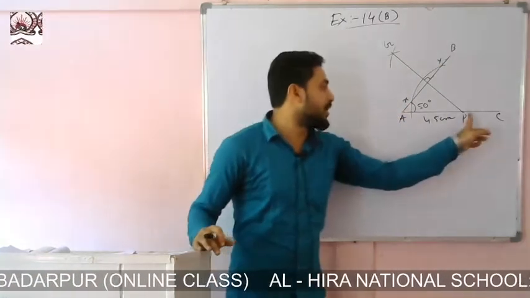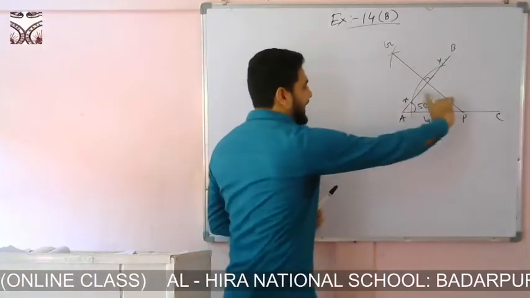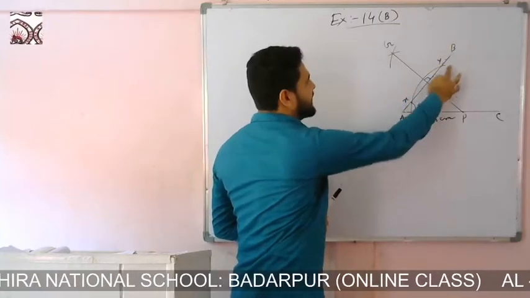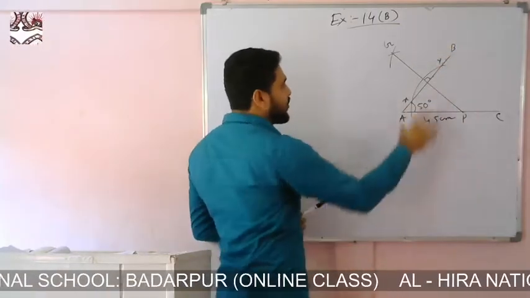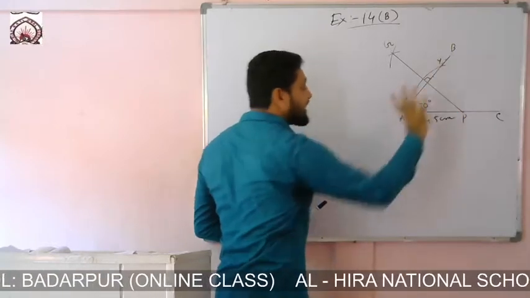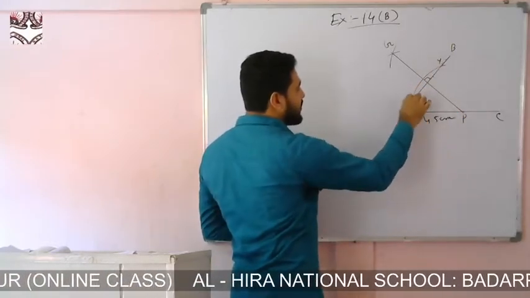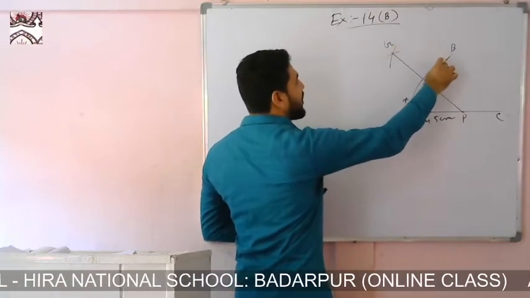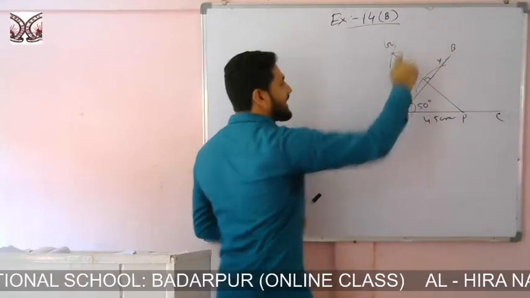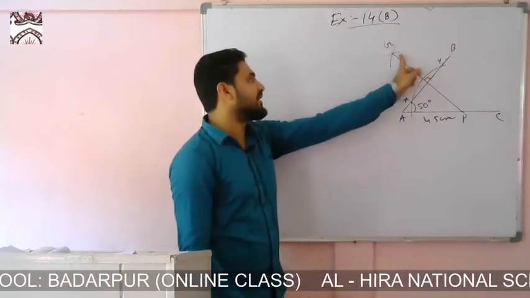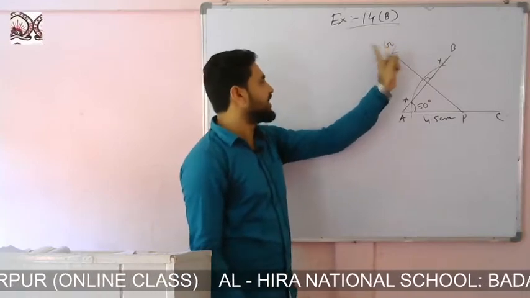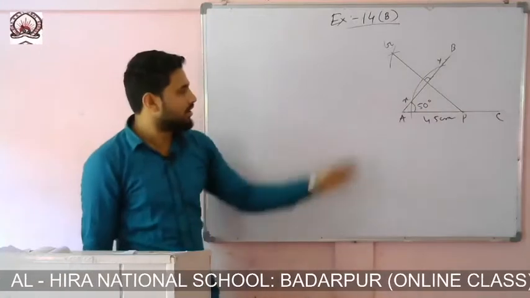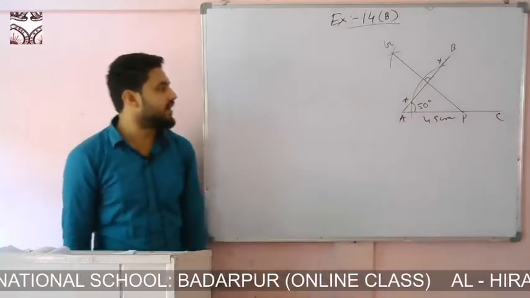After that from point P you draw an arc which cuts the line segment AB at points X and Y. Without changing the gap, you place your compass at X and draw an arc. Again you place your compass at Y and draw another arc, and that will intersect at point G. If you join G and P, then you will get the line perpendicular to AB. So these are the steps of construction.